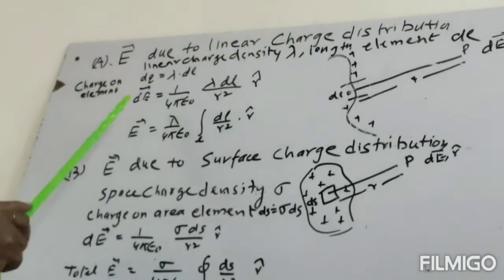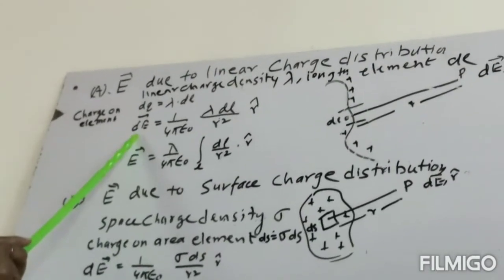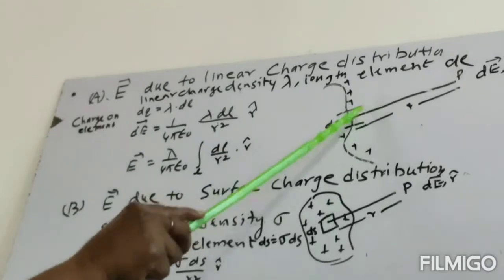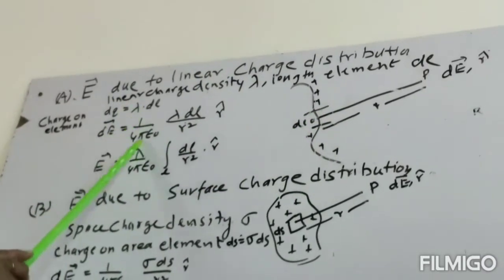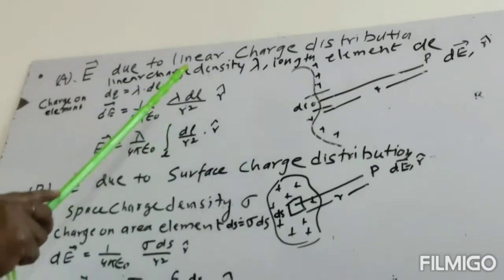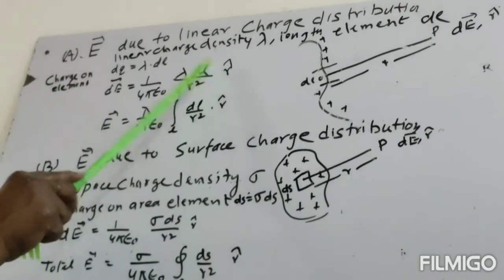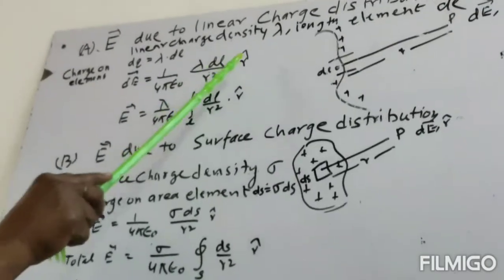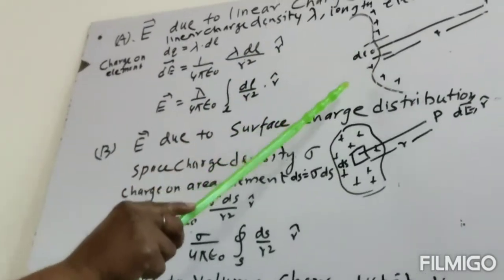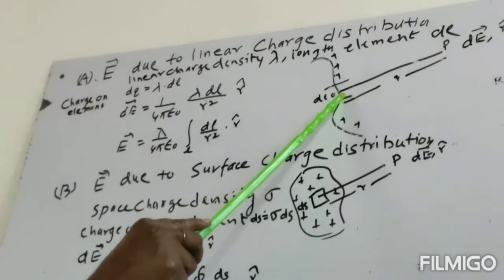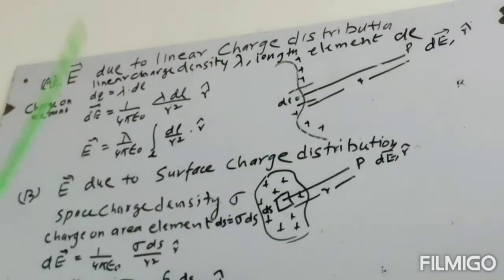So dE will be equal to 1 by 4 pi epsilon 0 into lambda dl, that is the charge of the element, divided by r square into r cap, where r is the distance between the center of the element and the point P.